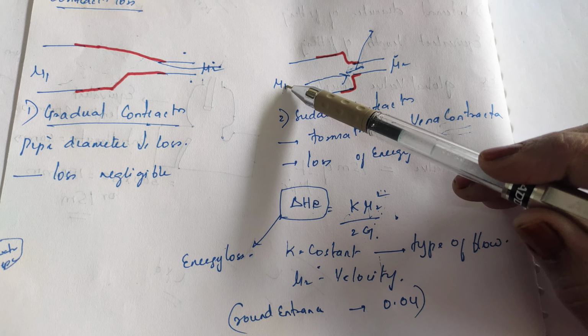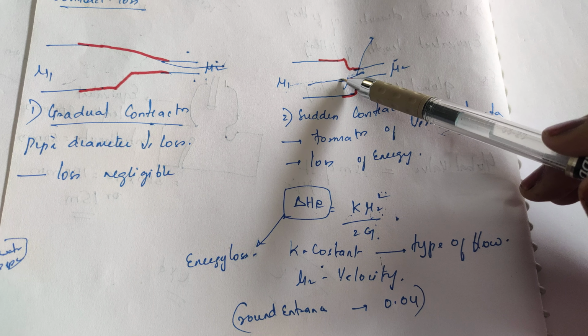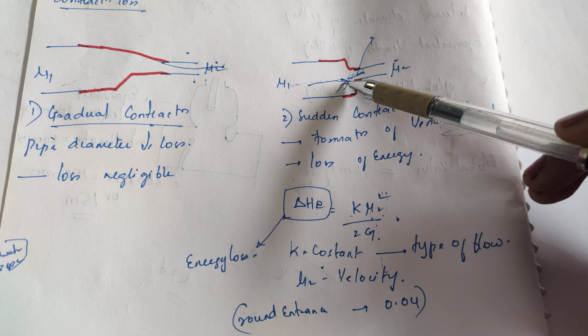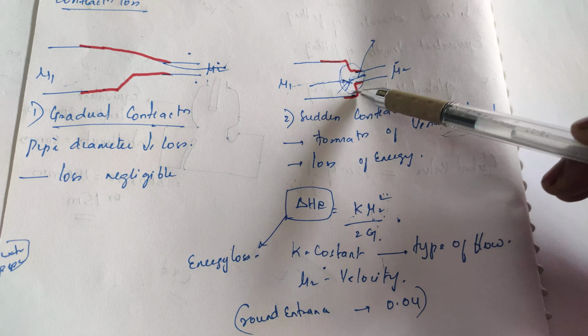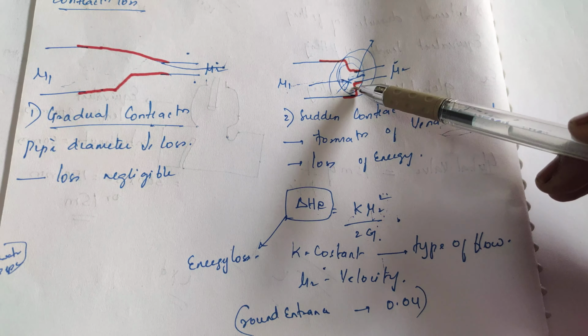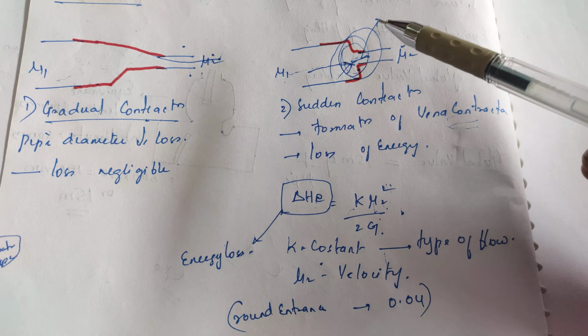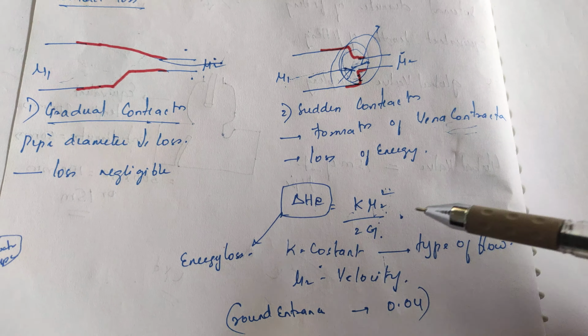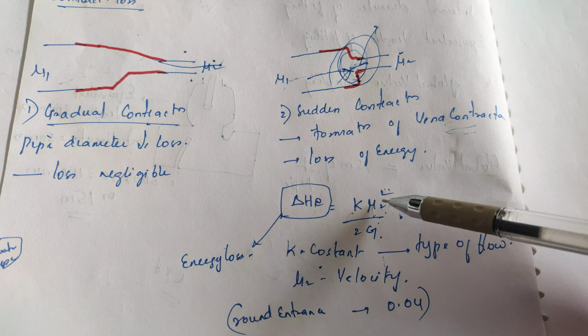Because u1 is constant up to this point, u1 is constant. When entering into u2, it is changing, it is getting contracted here. This contraction is noted as u2.